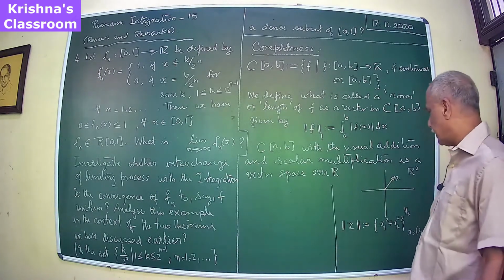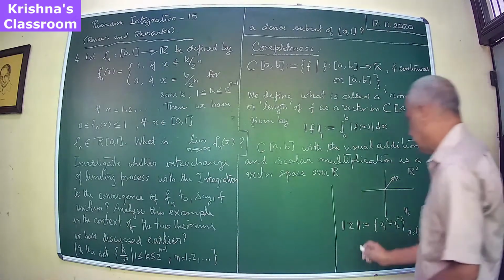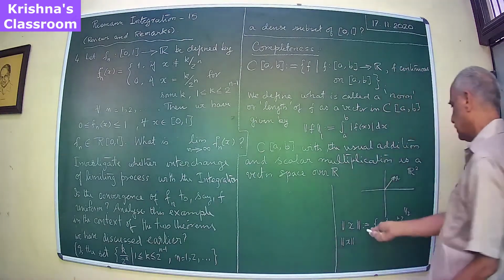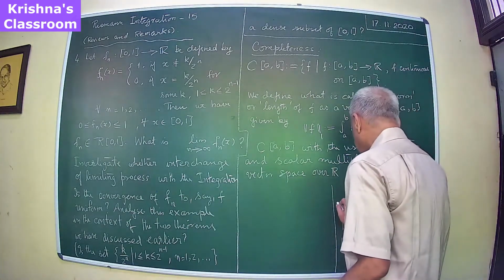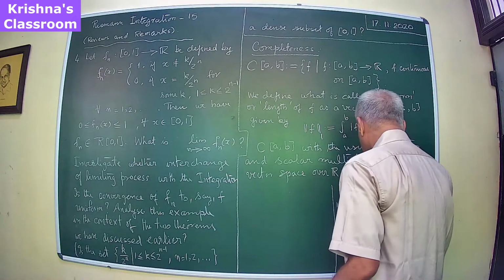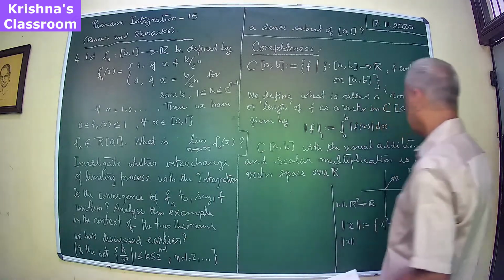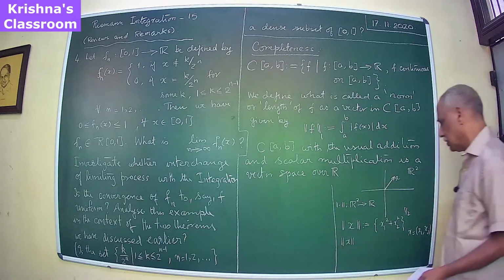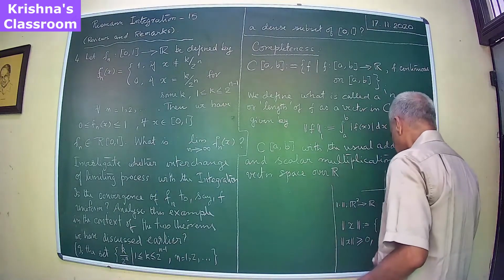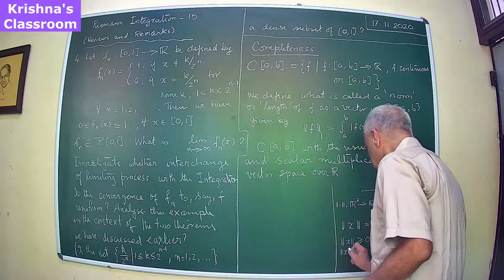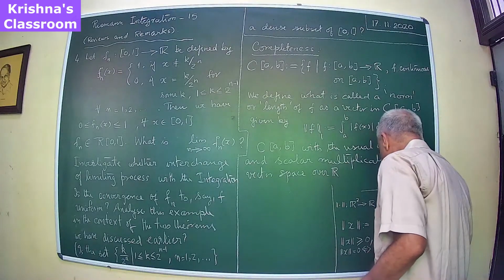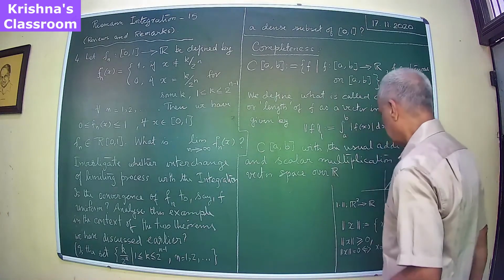Now what does one do? We observe that this has the following properties. This function, the norm, is essentially a function defined from R2 to R, or R plus union 0, with the following properties. Norm of x is greater than or equal to 0. Norm x equal to 0 if and only if x equal to 0.